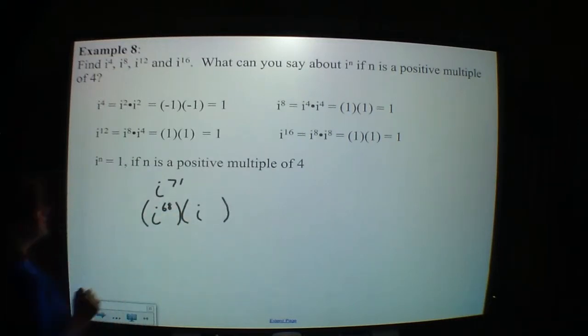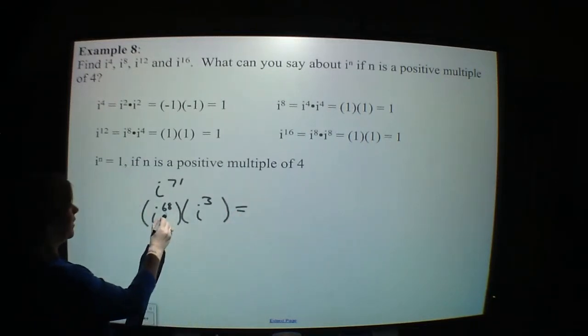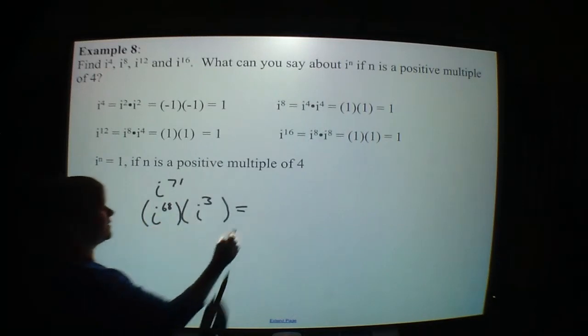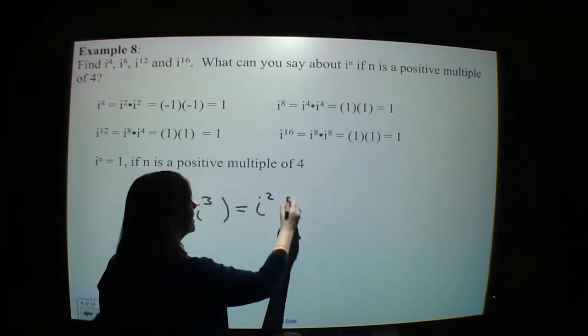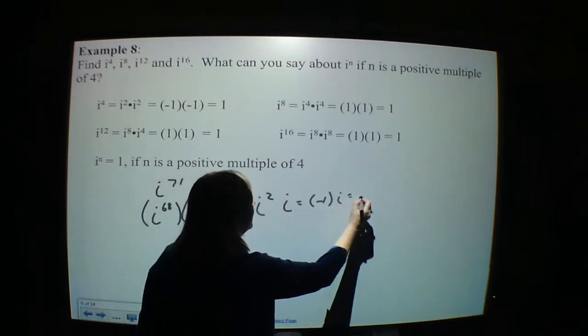So 68 is a multiple of 4. So I could write that as i to the 68th times i to the 3rd. And so now I know this is 1, so I have i to the 3rd. So if you want, you can think of it as i squared times i, which is negative 1 times i, which is negative i.